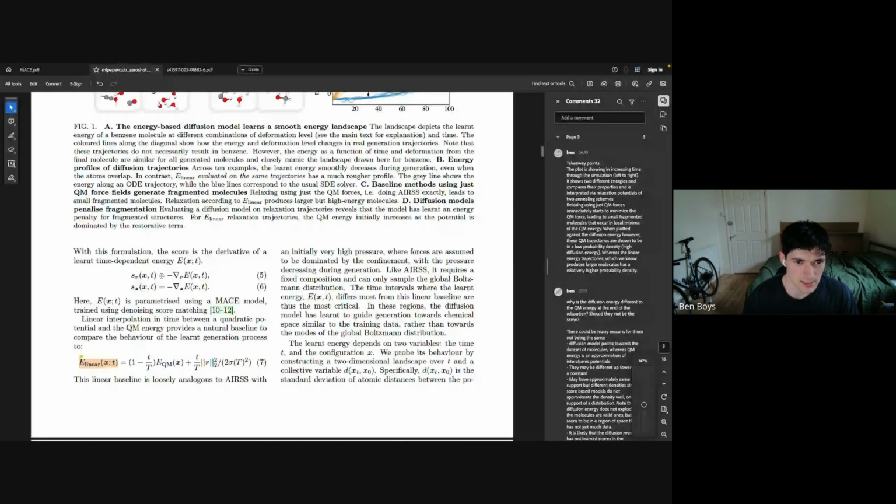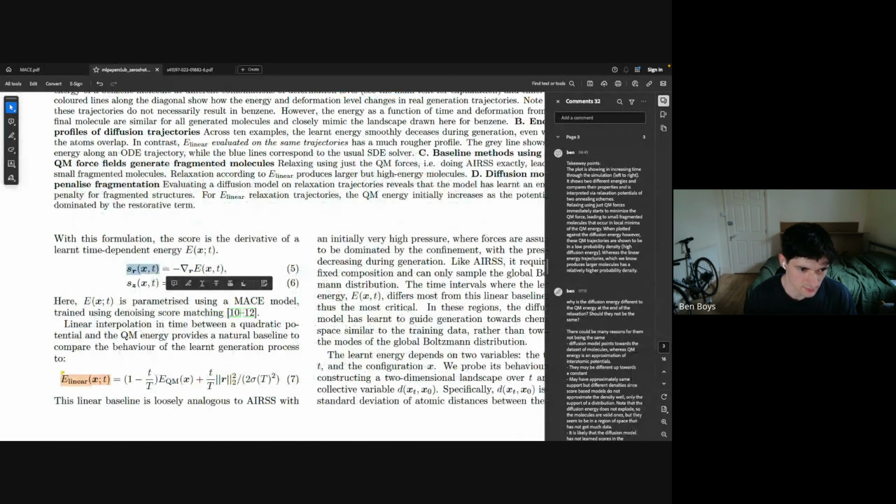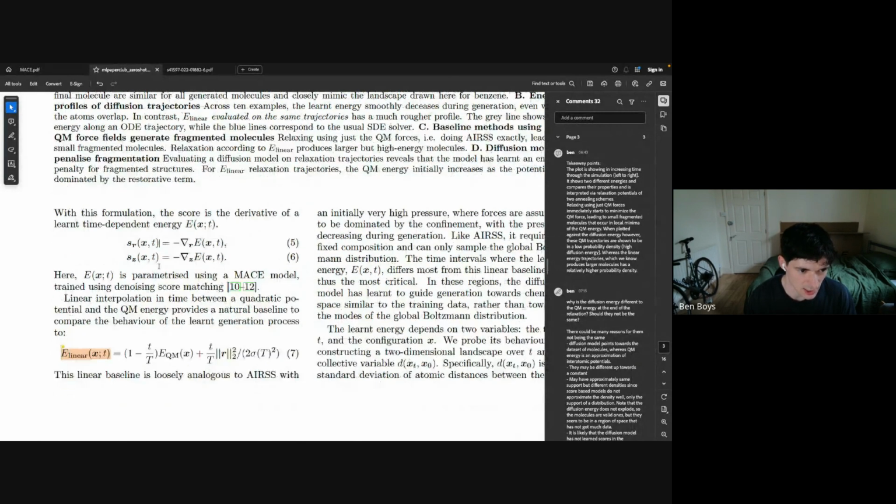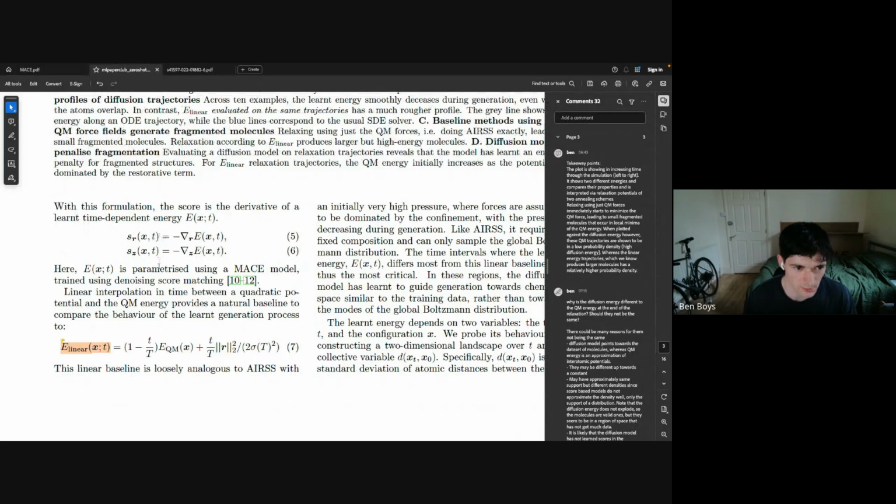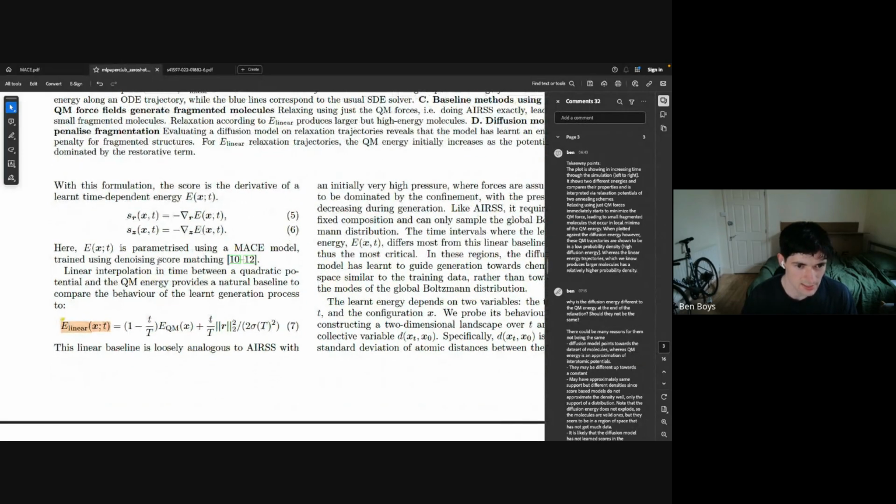And they're going to train a score network involving this positional force and alchemical force for the chemical composition, and compare this diffusion model to another model.